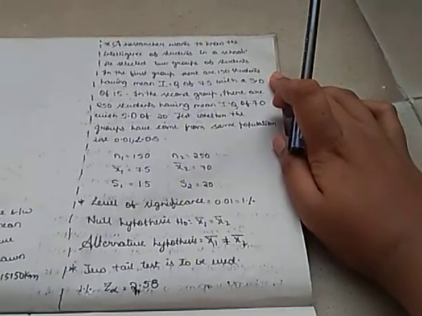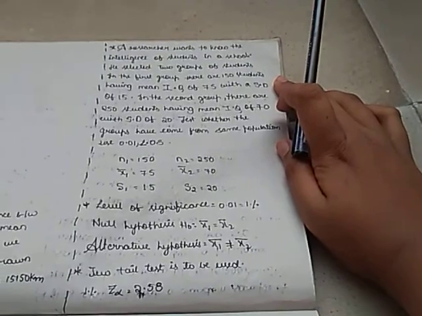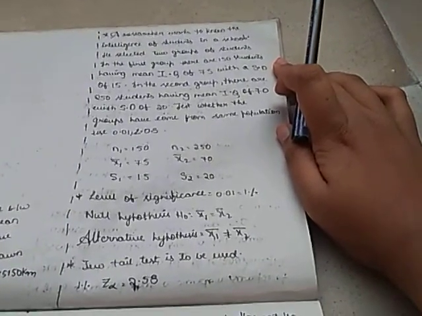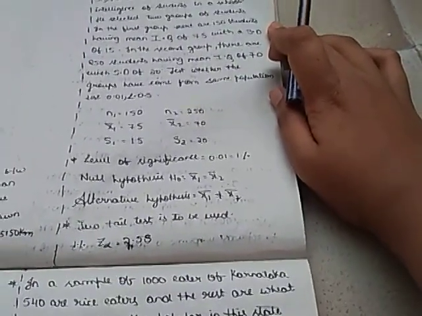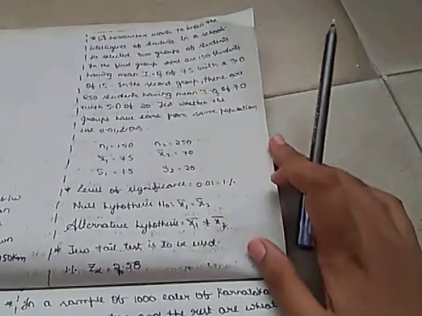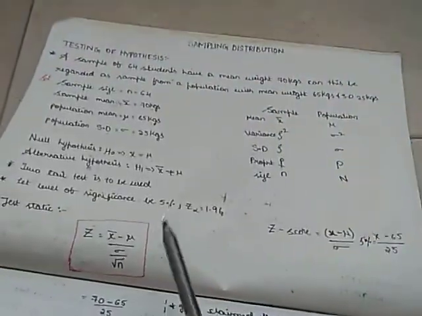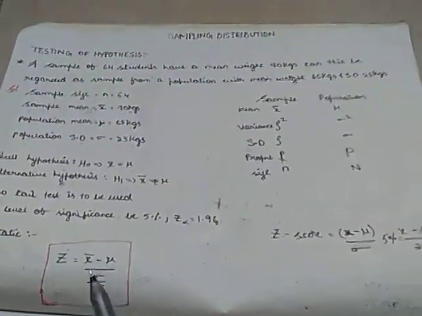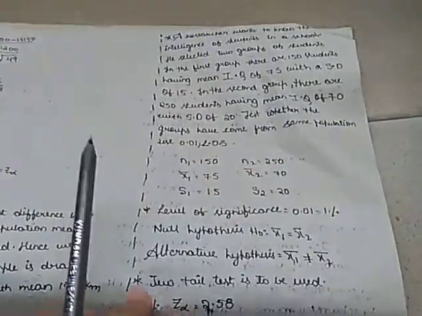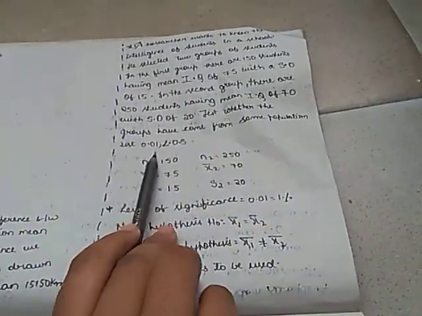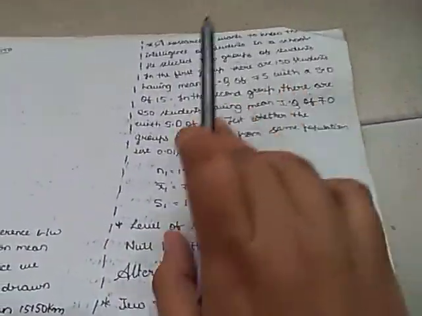Test whether the groups have come from the same population at 0.01, that is the LOS, the level of significance. I already said the level of significance here; it can be 5%, and here the level of significance is 0.01, which means 1%.